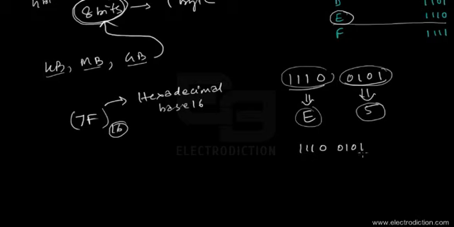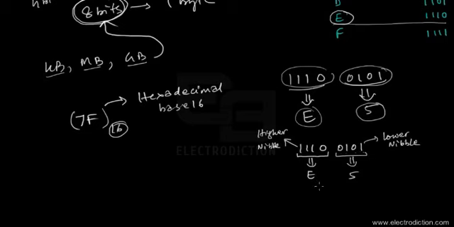Starting from the right, 1 2 3 4, that's one group, which we refer to as the lower nibble, and the other 4 bits of data we refer to as the higher nibble. The lower nibble, 0101, is equivalent to hexadecimal 5, and 1110 is equivalent to hexadecimal E. So the entire number comes down to E5.